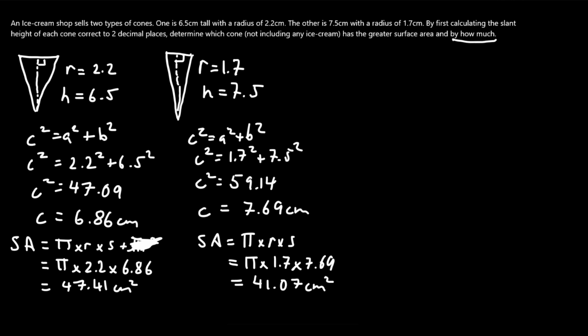So always make sure when you think you're done or you've done a step, just read back through the question and see whether you've answered everything there. So we want to compare how much greater the surface area is. So that'll just be 47.41 minus 41.07. And that gives us 6.34 centimeters squared.